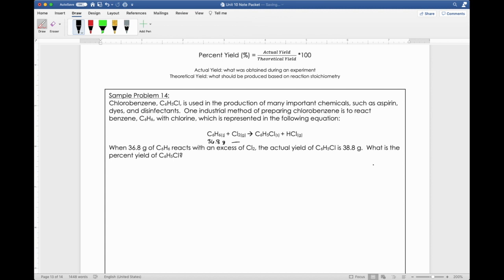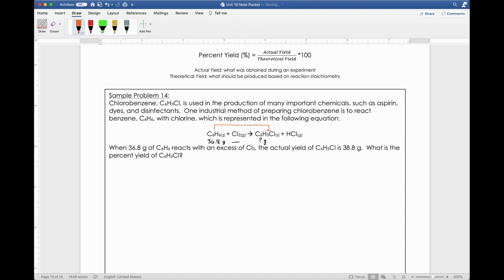And we can determine how much of this chlorobenzene I can theoretically produce based on this 36.8 grams of benzene in my reactants. So we're going to have to do a mass problem here. So let's just set up our arrows here, going from there to there.